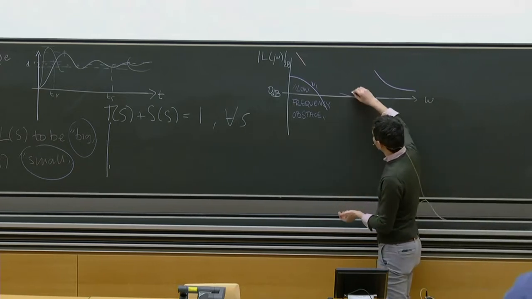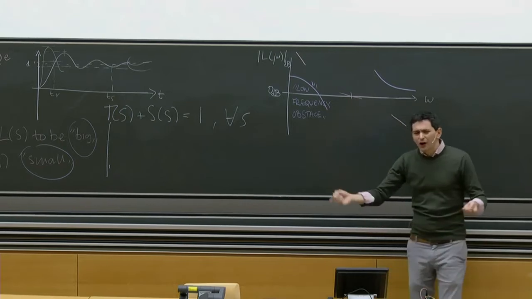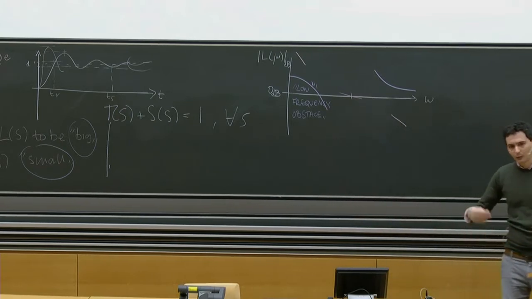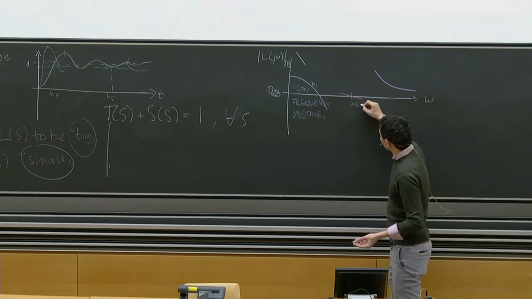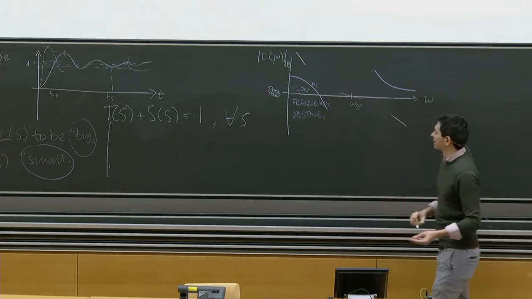And the crossover frequency, which we saw can be approximated with the bandwidth of the closed loop system, is something that is here. I think we call it the gain crossover frequency.